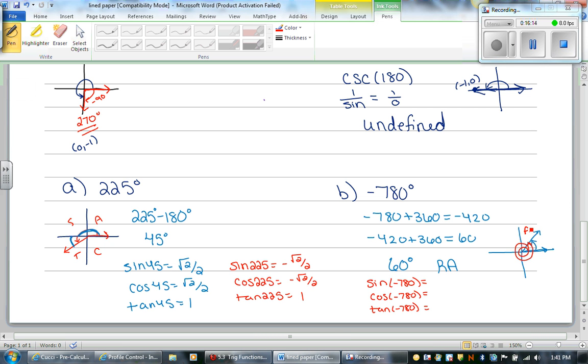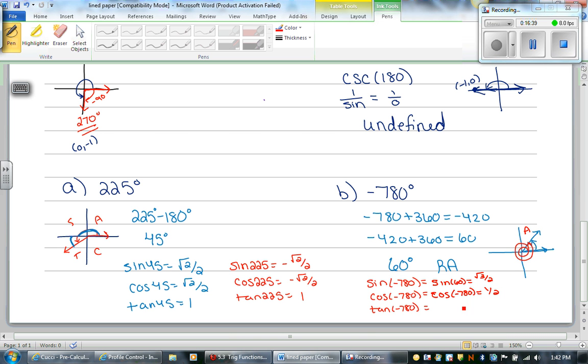So what I'm doing is I'm essentially looking at it as sine of 60 degrees. It's the reference angle. Sine at 60 is square root of 3 over 2. I know it's going to be positive because it's in my first quadrant. Cosine at 60, or cosine at negative 780, and we can write it like that if we'd like, is going to be 1/2, positive first quadrant.